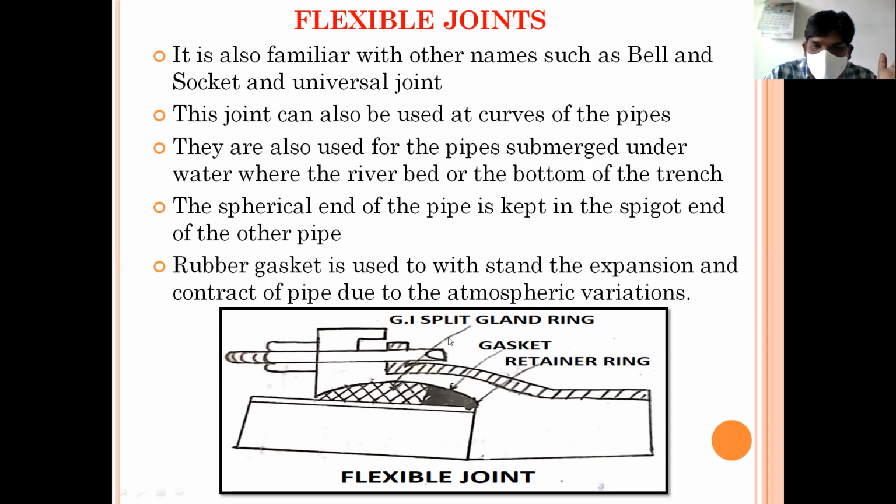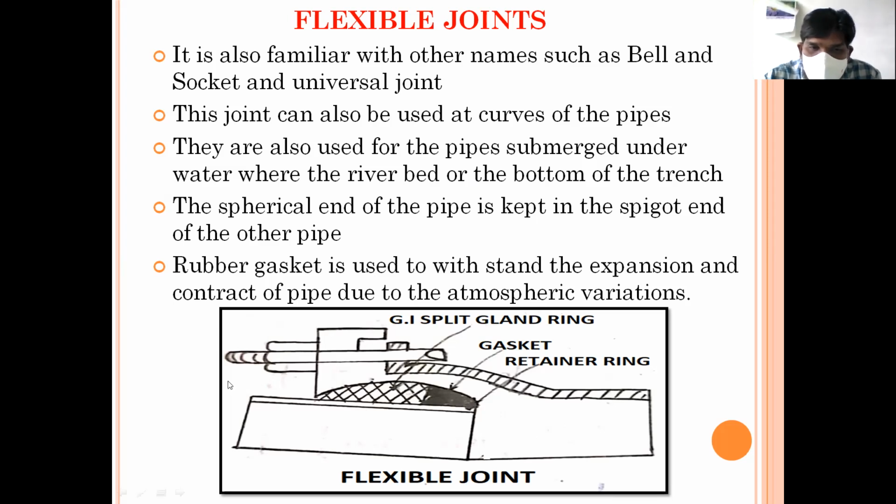See here, this is the gasket. The one end of the pipe will be placed into this spigot, and slowly the bolt will be tightened. That means the joint has taken place. The other end of the pipe is also kept in the same way so that it won't allow leakage of water. Understand?